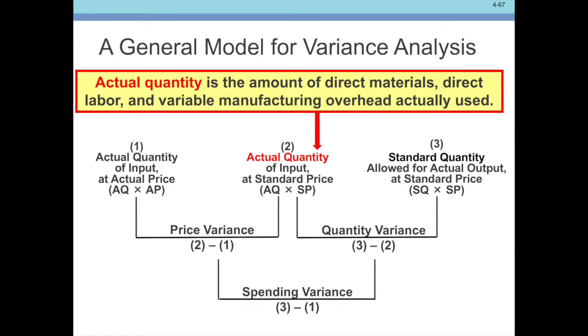So if you should have paid $1,000 for hamburger buns for the month, and you actually spent $800, you would have a positive variance. You spent $200 less than you should have, and you would have a favorable variance in budgetary terms, a favorable variance of $200. And you would see that by simply multiplying the actual quantity times the actual price and the actual quantity times the standard price, and then subtracting the two, you could see what your variance was for the month with regard to pricing.